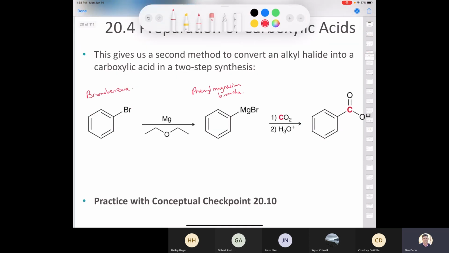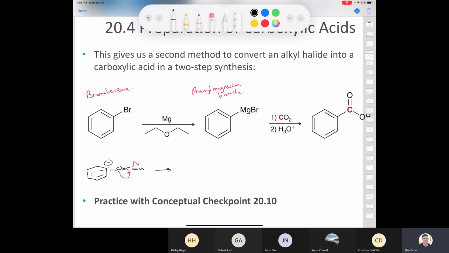And this is a mechanism I expect you to be able to draw, right? You should be able to say, okay, well, let me just draw the mechanism for this part here. I have my phenyl, which I can regard as a carbanion. I have carbon dioxide, like this. I have my nucleophilic attack. My nucleophilic attack will look like this.